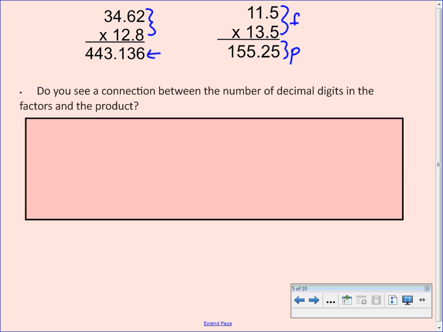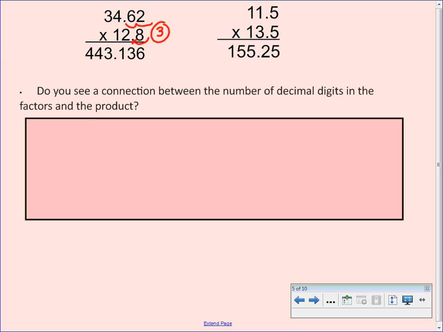Do you see a relationship between the number of digits after the decimal in the product and the number of digits after the decimal in the factors? Well, let's look at the factors. How many digits come after the decimal? 1, 2, 3. That's for our factors.